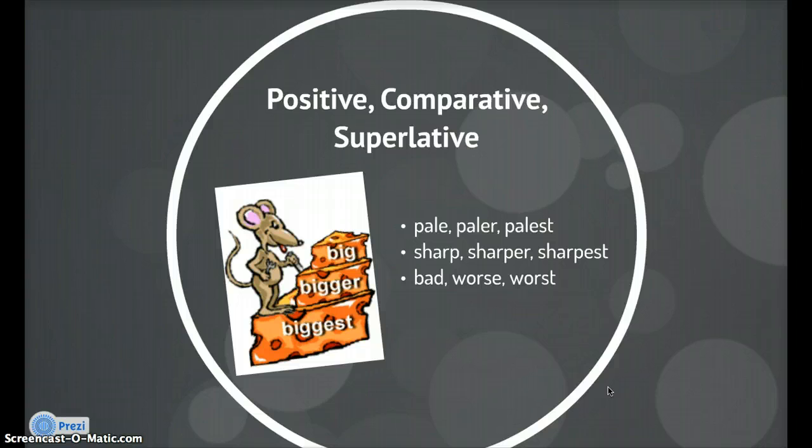Your superlative adjective is going to be the largest, the palest, the sharpest, the worst. It's the most extreme of any adjective that you're talking about. Therefore, the biggest piece of cheese is going to be the superlative form of the adjective big.